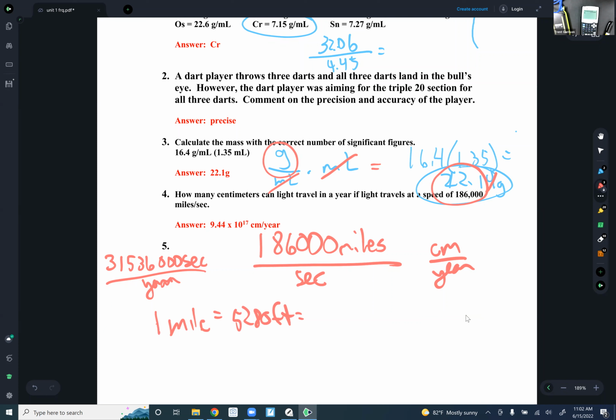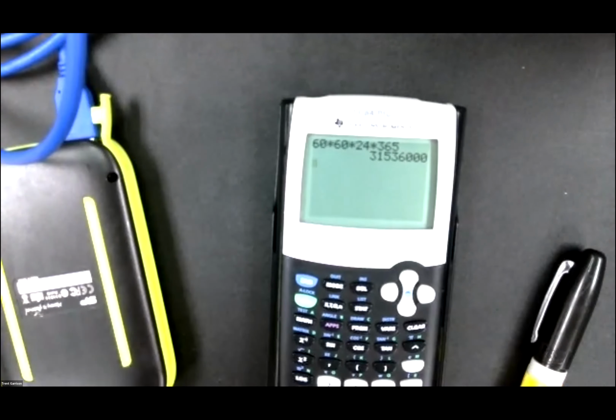I know that for every 1 foot, there are 12 inches, and that for every inch, there are 2.54 centimeters. Okay, so I can now, again, start multiplying all of those together to figure out how many centimeters are in a mile. So let me stop sharing, and we'll do the math on that one.